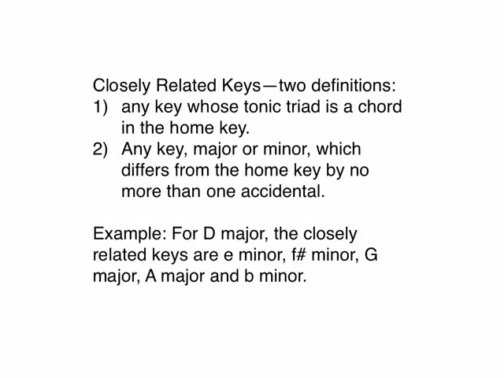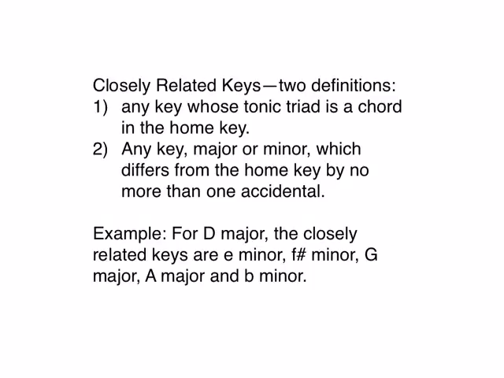Let's define closely related keys. There are two definitions. They both will get you to the same set of keys, as I'll show you. One definition is any key whose tonic triad is a chord in the home key.